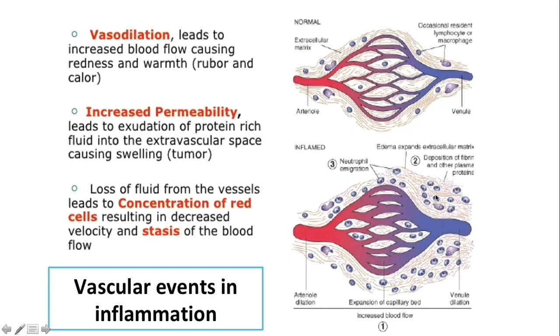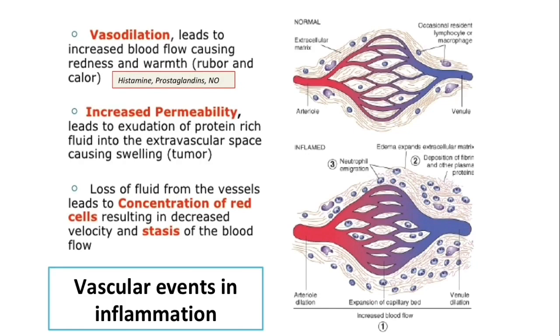Once the fluid and some of the cells have escaped out into extravascular space, this will lead to loss of fluid within the vessels and lead to concentration of red cells. And this is what we call stasis of the blood flow. And this also contributes to the redness that you see at the site of injury as part of the cardinal sign of inflammation. So this is a vascular event in inflammation. What is not shown here is the increase in lymphatic flow.